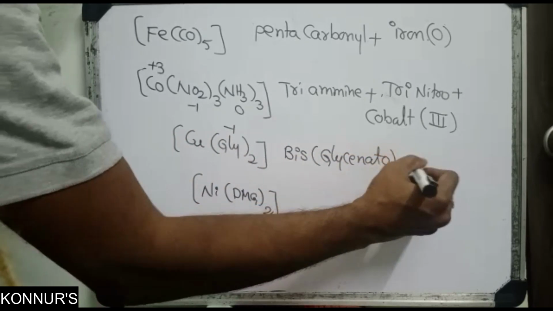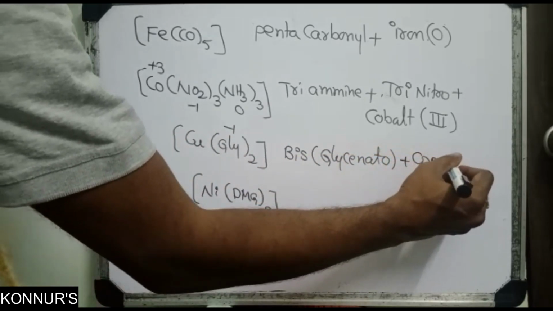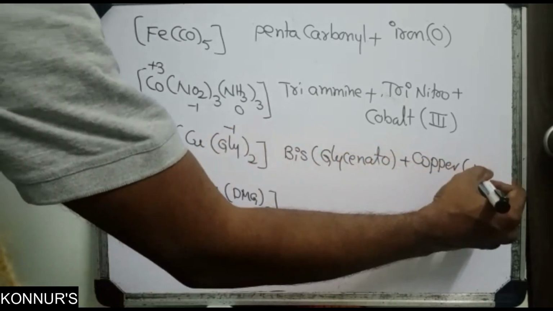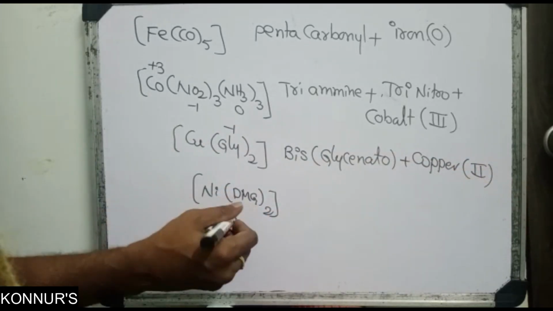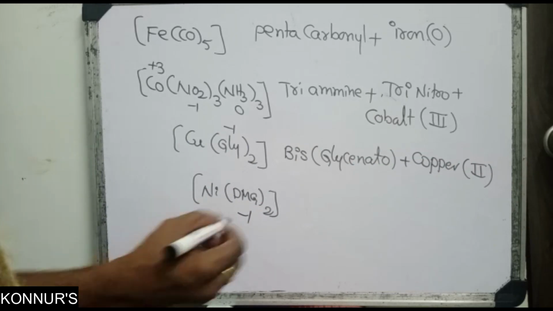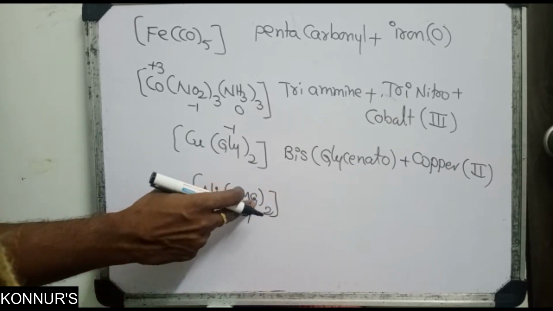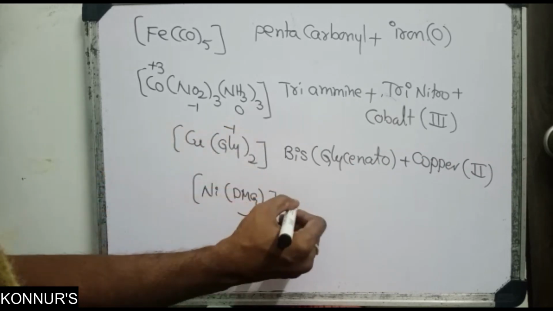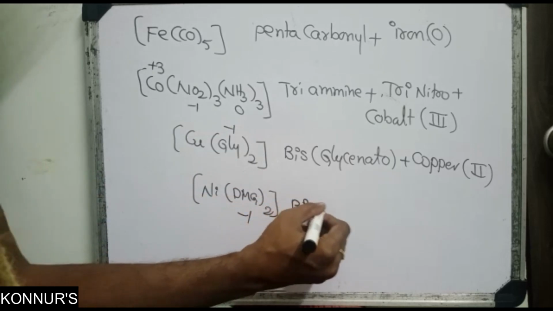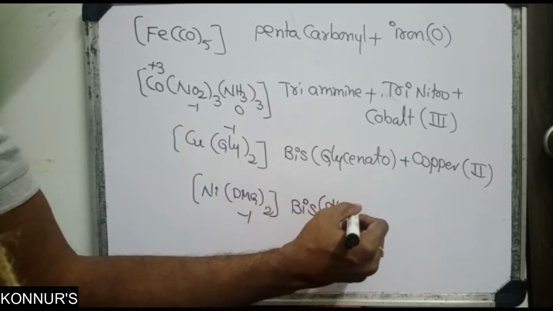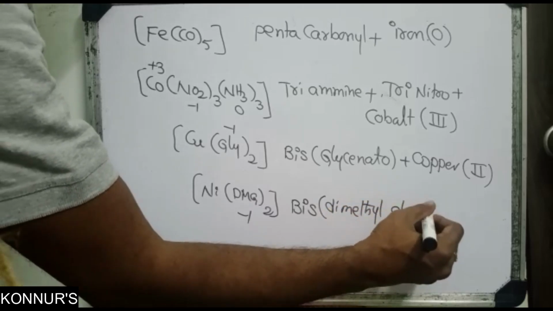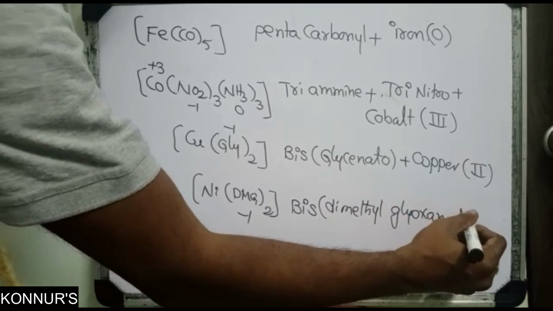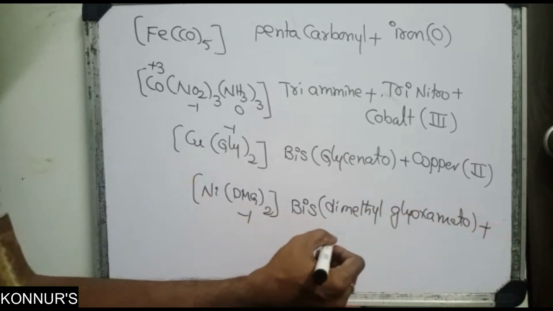So copper 2. So 2 net. Next, DMG, dimethyl glyoximato, that is minus 1. So here dimethyl glyoximato is also a bidentate ligand. So that's why you can write bis dimethyl glyoximato nickel.